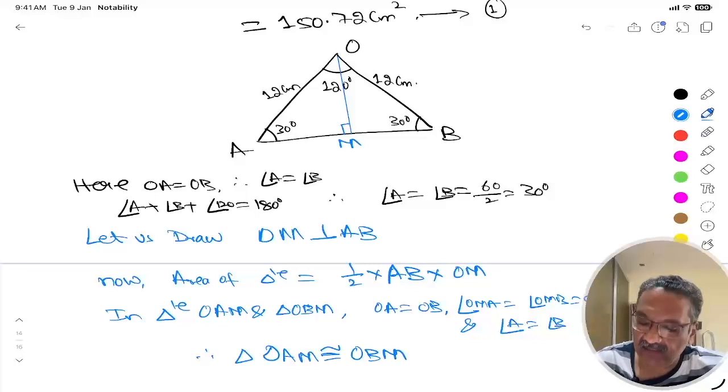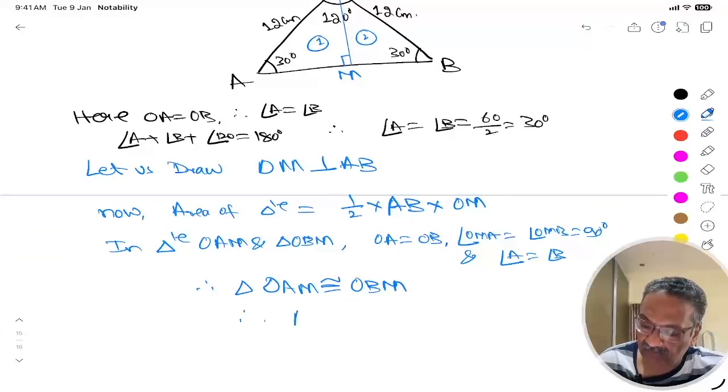They are congruent, therefore we have got AM is equal to MB.